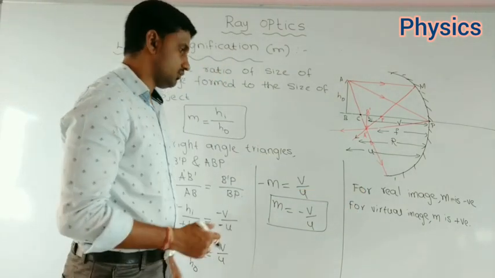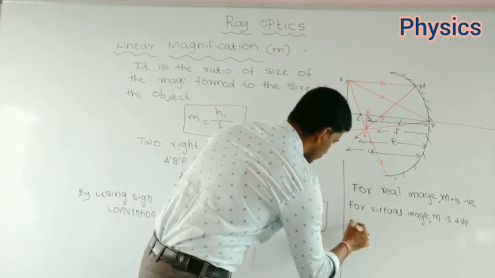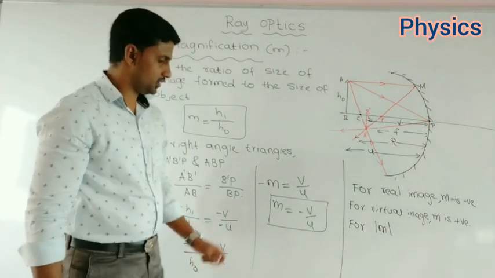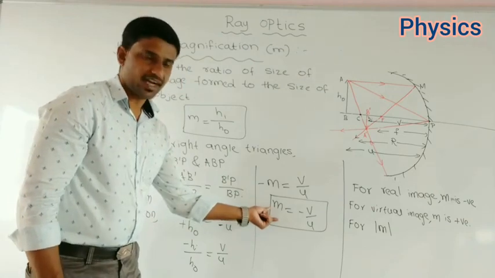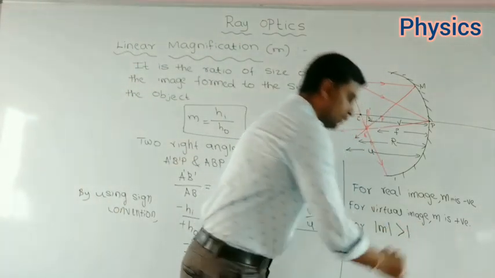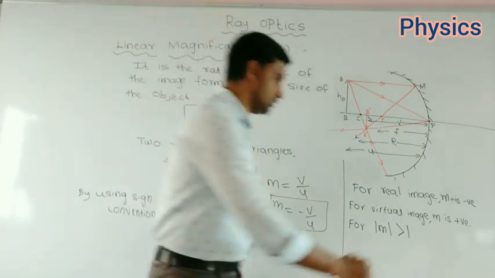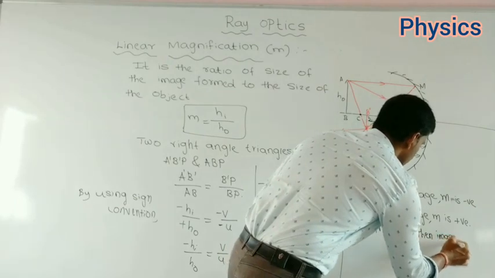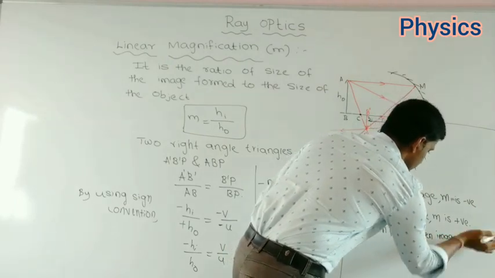Another thing we should remember is the magnitude of linear magnification. If the magnitude of linear magnification is greater than 1, then the image formed is enlarged.